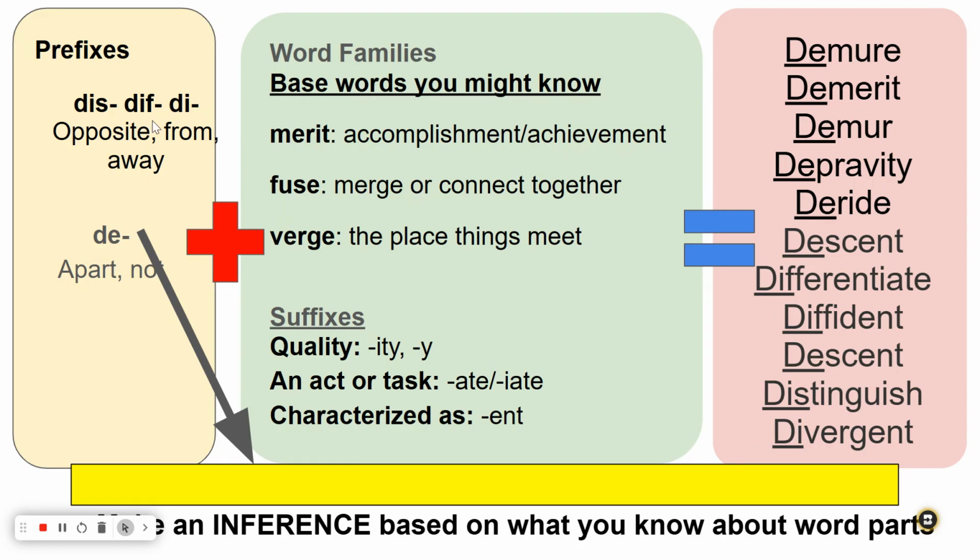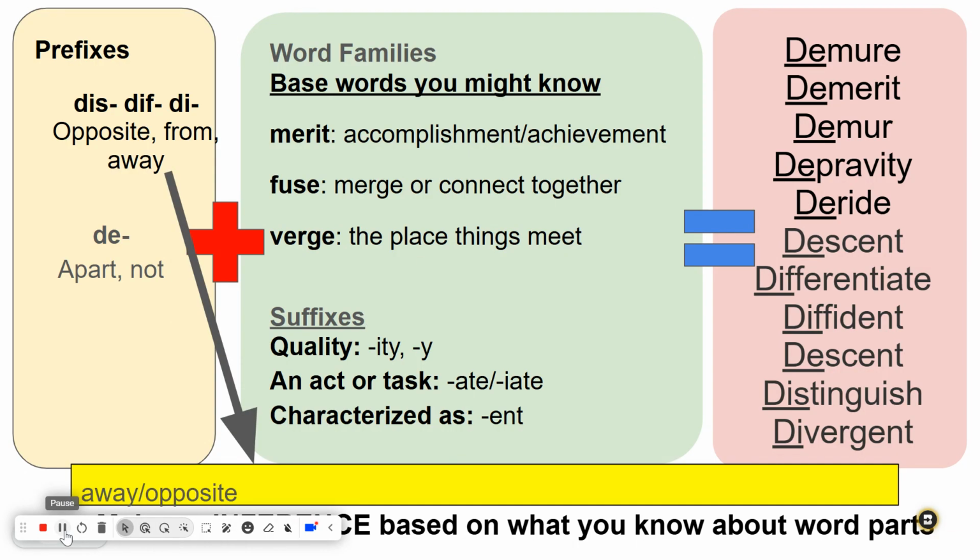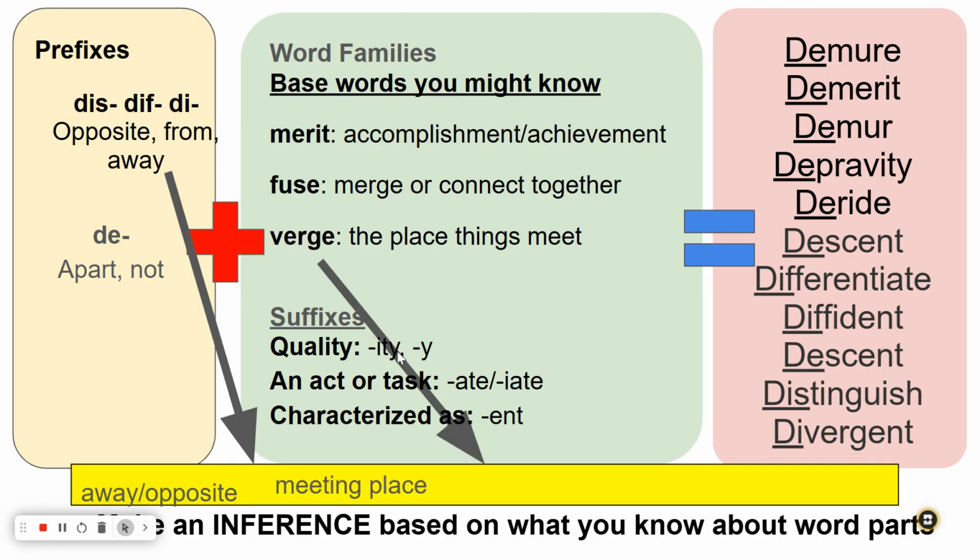This should be going up a little further, but it comes from die, which means opposite from or away. And it comes from, wow, Miss Matthews, you got typos here. Hold on. Okay, quick change here. So it means away or the opposite, die. Verge means a meeting place or a place where things meet.